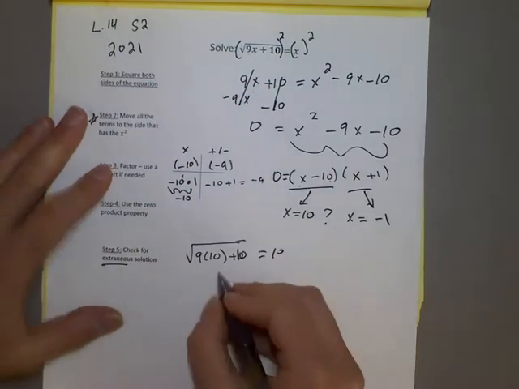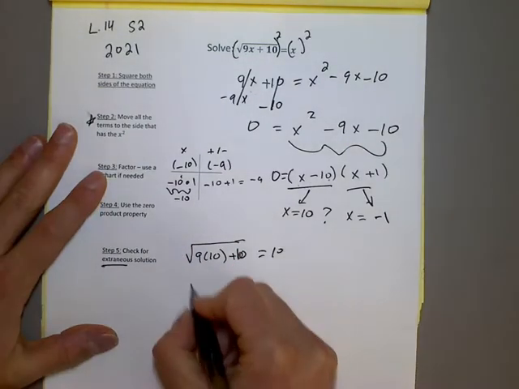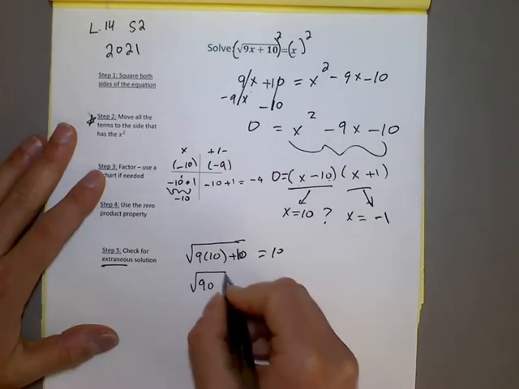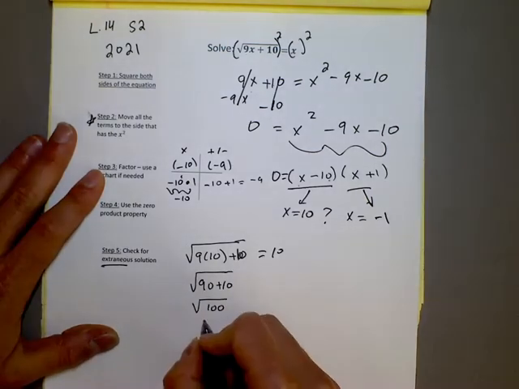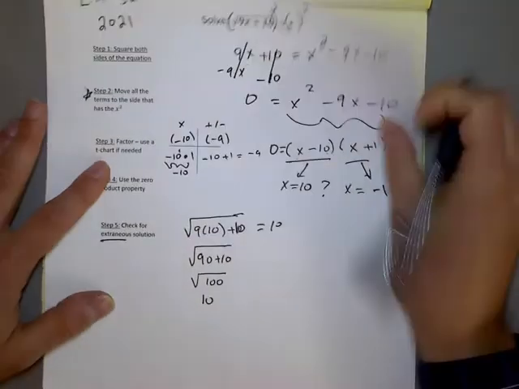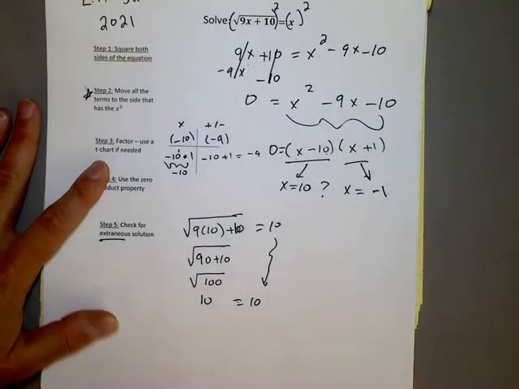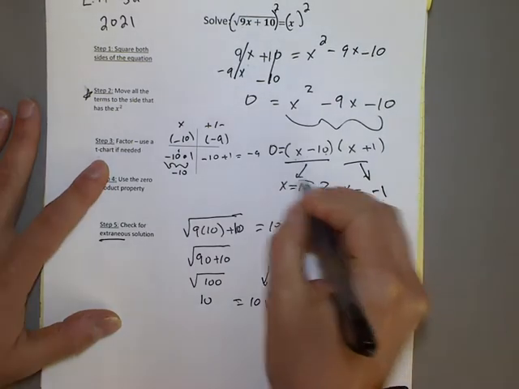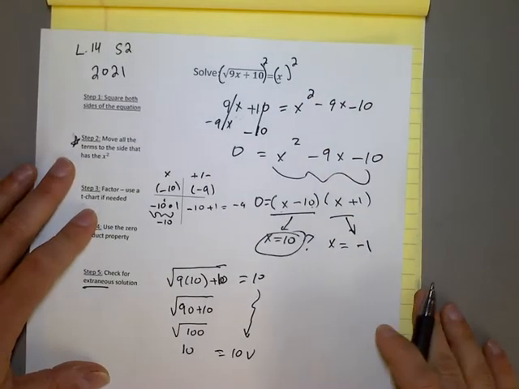We're checking to see whether this would simplify to be 10. So 9 times 10 is 90, plus 10, which is square root of 100, and square root of 100 is 10. That does work, which means that 10 is a valid solution to this equation.